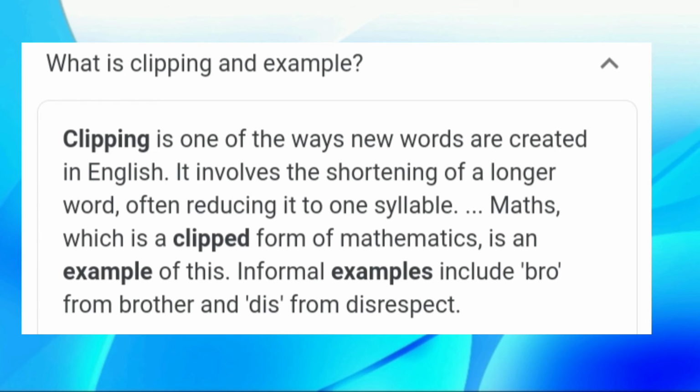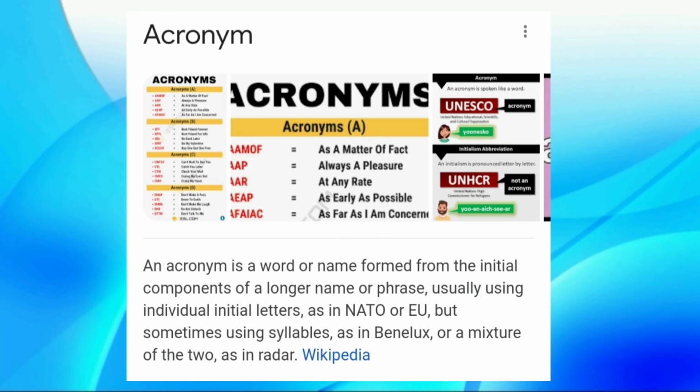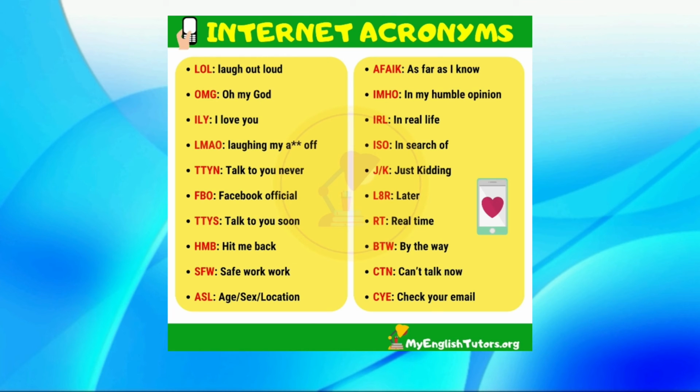An informal example includes bro from brother. Other clipped words: from advertisement to ad, from influenza to flu, fridge from refrigerator, and etc. So acronyms. An acronym is a word or name formed from the essential components of longer names or phrases, usually using individual essential letters. Examples on the internet: LOL, laughed out loud; OMG, oh my god, and so on.